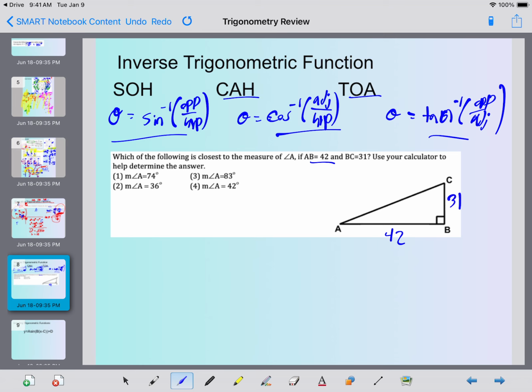BC is 31. We want to find the measure of angle A. So we're given the opposite. We're given the adjacent. So opposite, adjacent. Which trig function's opposite and adjacent? That would be tangent, right?